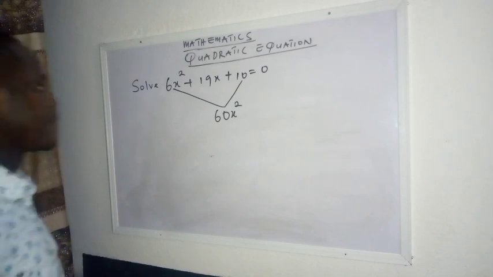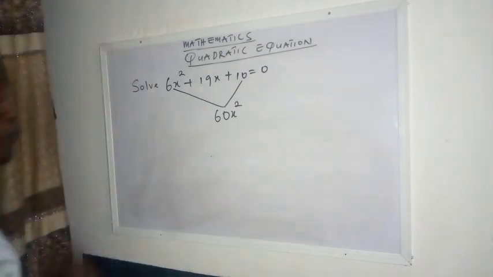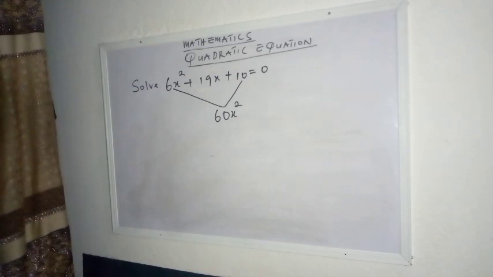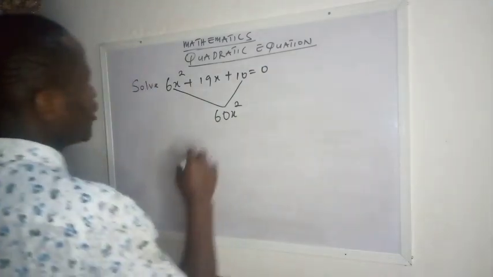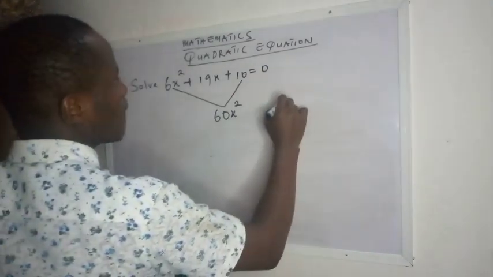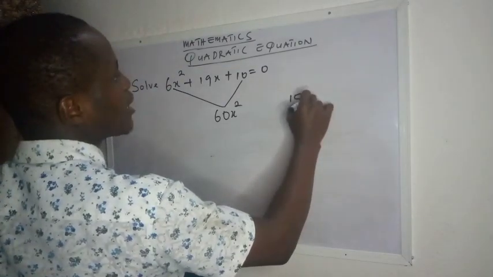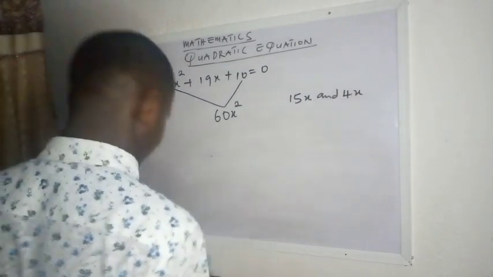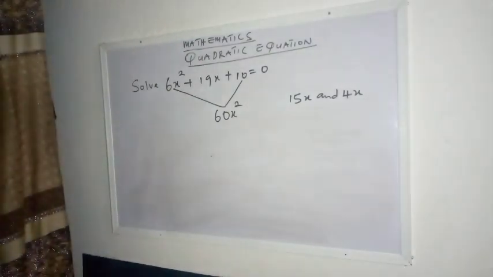Now let's look at factors. If you think, what will strike your mind is that the factors are 15x and 4x. Now why?